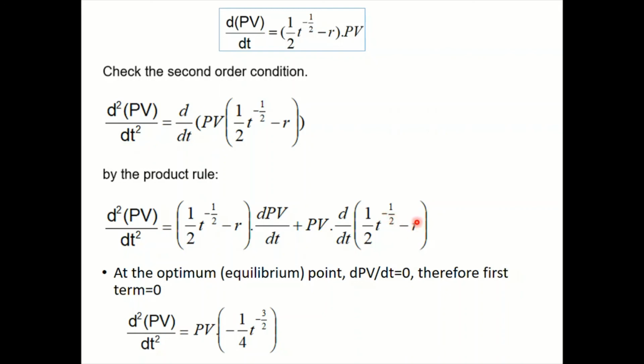And this term r does not have t in it, so it would be equal to 0 if we differentiate with respect to t. So here we have our second order condition after having differentiated.